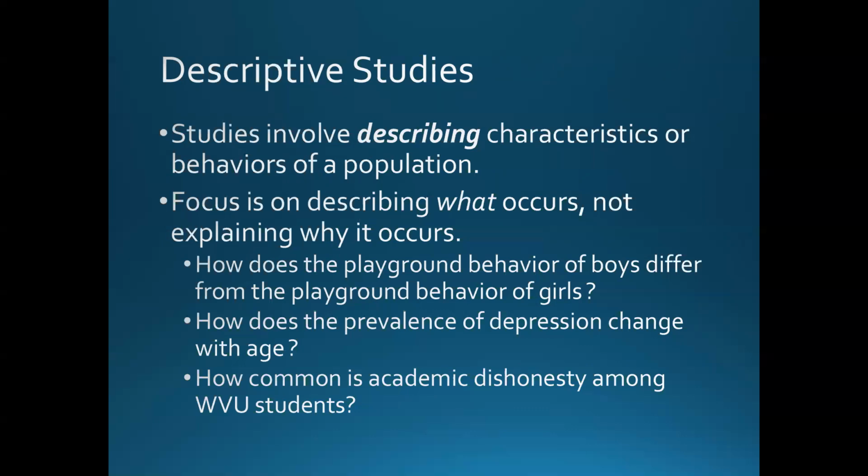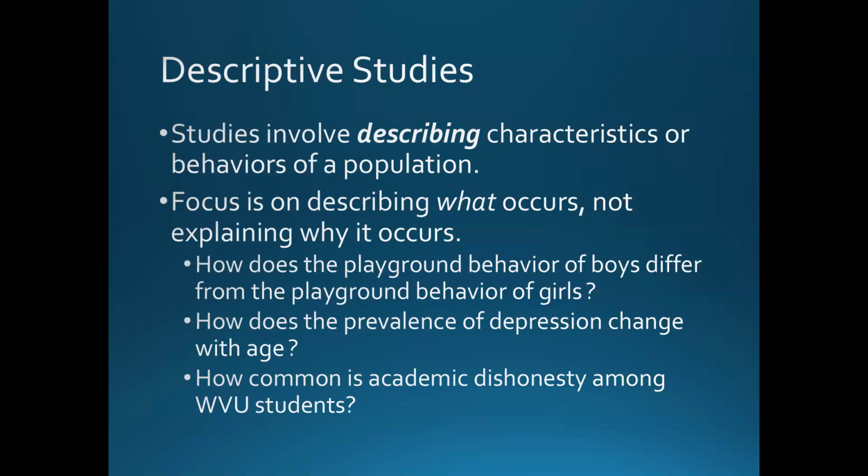So here are some examples. How does the playground behavior of boys differ from the playground behaviors of girls? For a descriptive study of this, we would go out to the playground and just see, okay, how do boys and girls differ in how they play? And we jot down, boys play like this, girls play like that. So it's just basic describing.